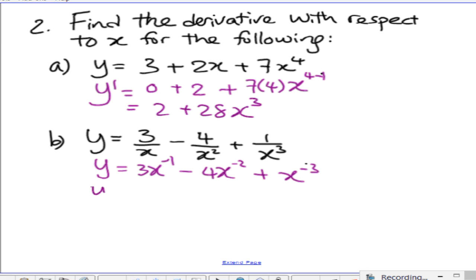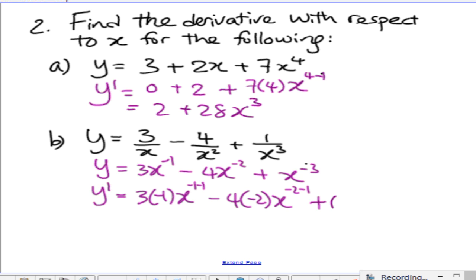And then y dash, using the correct notation, in this case is 3 times negative 1, x to the power of negative 1 minus 1, minus 4 times negative 2, x to the power of negative 2 minus 1, plus 1 times negative 3 as the new coefficient. Use the bracket for clarity, negative 3 minus 1.